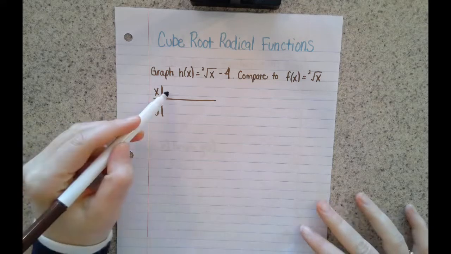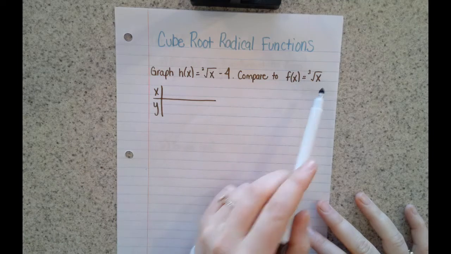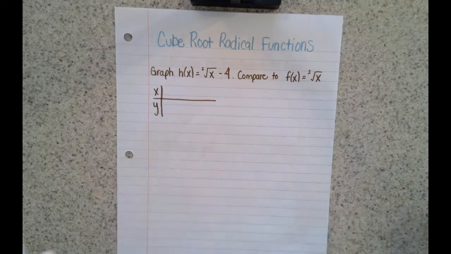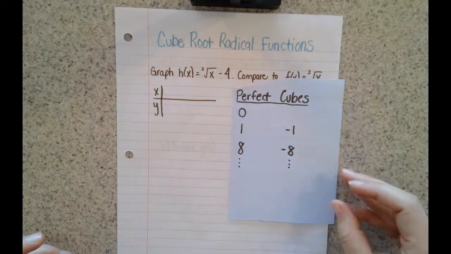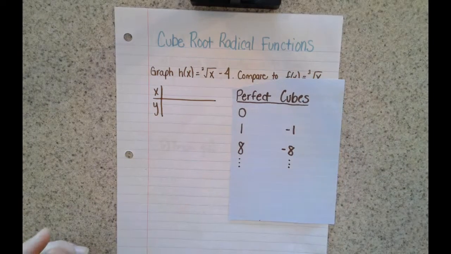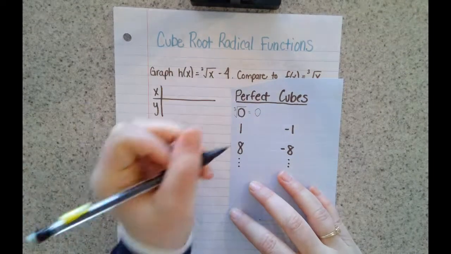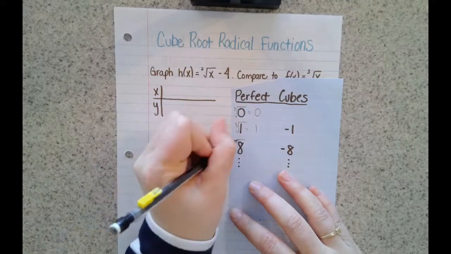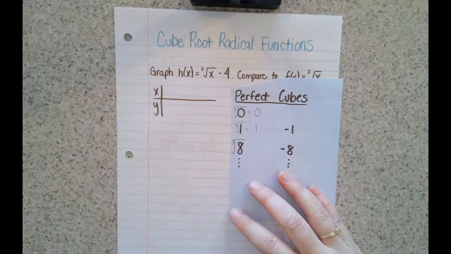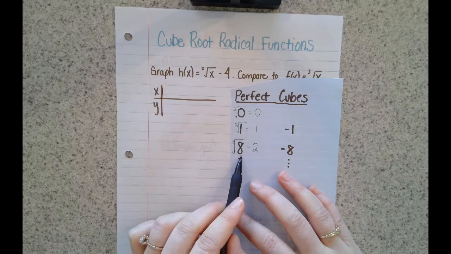So when I choose my inputs, I want to choose numbers that are perfect cubes so that my outputs are whole numbers. Now here's a list of the first couple perfect cubes. If you take the cube root of 0, you're going to get 0. If you take the cube root of 1, you'll get 1. If you take the cube root of 8, that's 2, because 2 times 2 times 2 gives you 8.